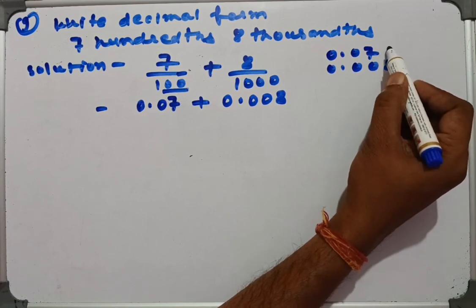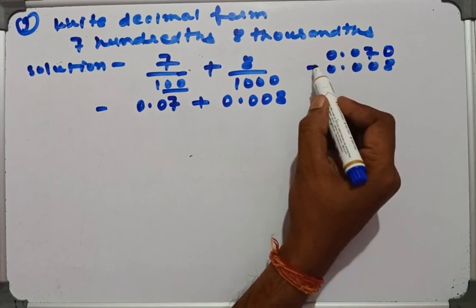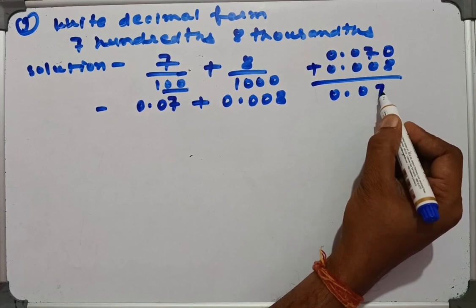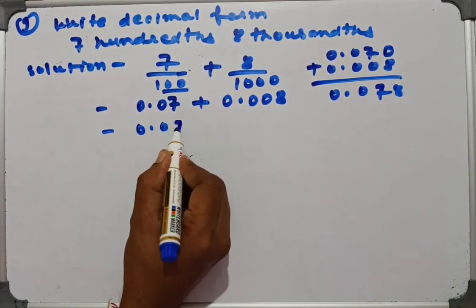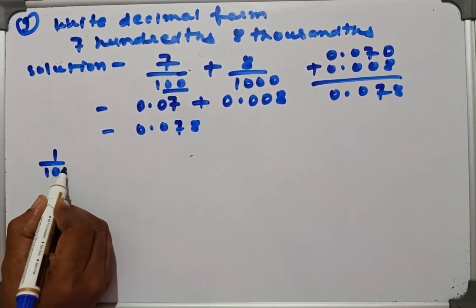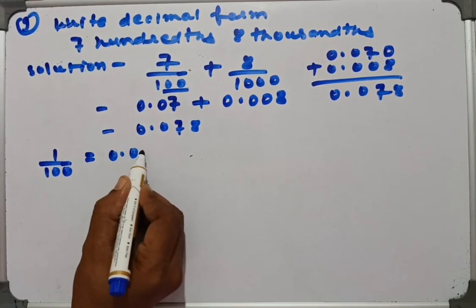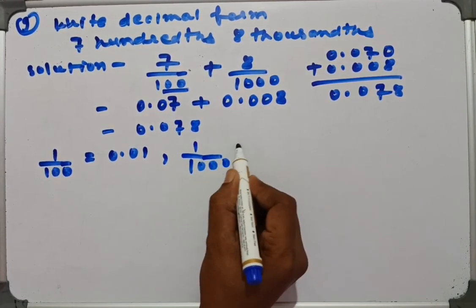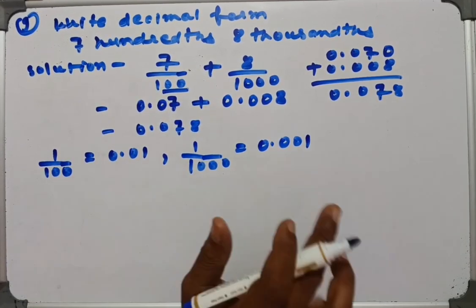Make these two into like decimal numbers and add. So our answer is 0.078. You have already seen in my earlier video that 1 by 100 equals 0.01 and 1 by 1000 equals 0.001.